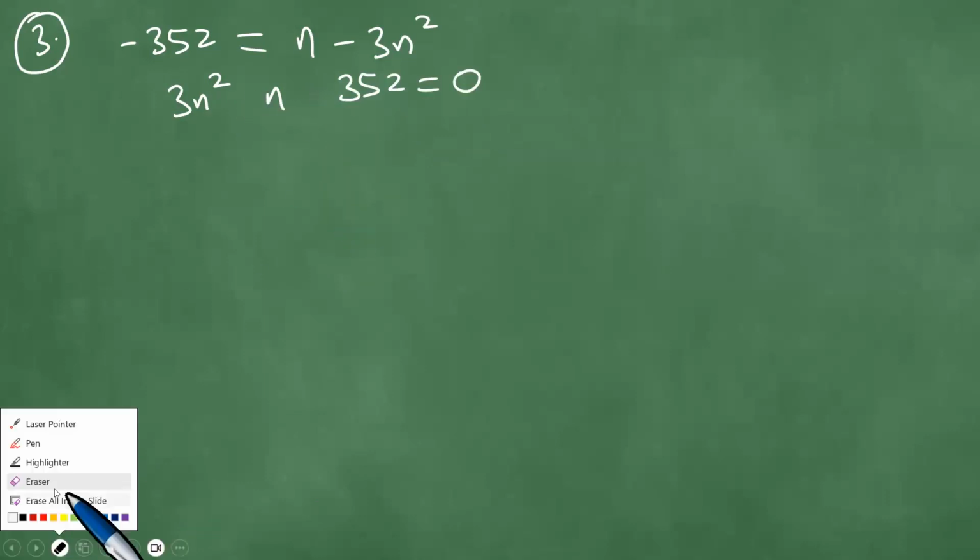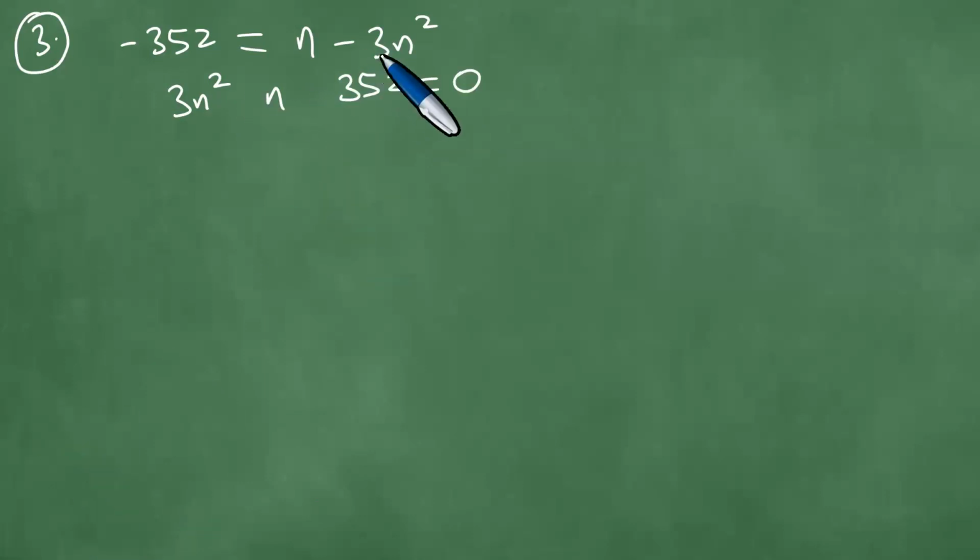Let's just make sure we have the correct signs. First I wanted us to move the minus 3n squared because it was negative and then it became positive, and then the n is going to become negative, and then this one is negative. So it's only the 3n squared that was negative, and now it became positive. The n will therefore become negative, and we find a negative minus 352 there.